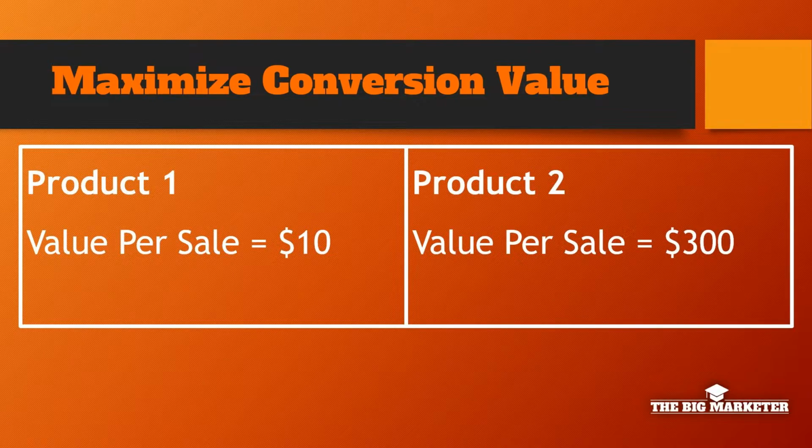revenue. So say, for example, you have two products on your website. One's valued at $10 per sale, and another product is valued at $300 per sale. Now, you might think it's common sense that Google will try and push the $300 product in order to maximize the value of conversions, but that isn't the case.